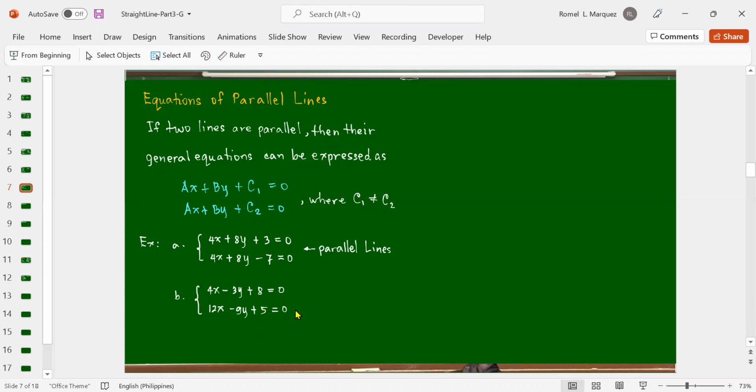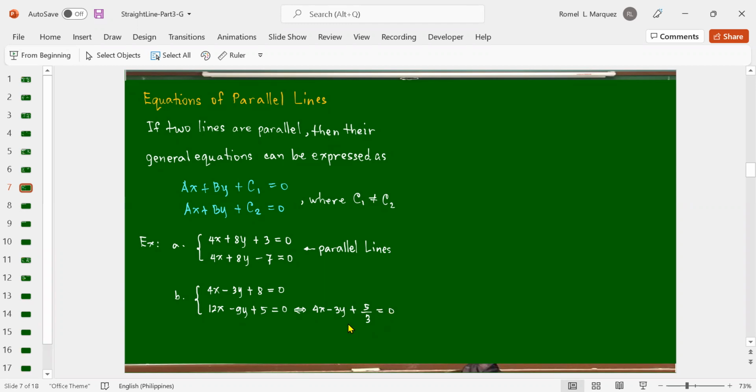Number 2. So if I rewrite this by dividing by 3, we have 4x minus 3y plus 5 over 3 equals 0.